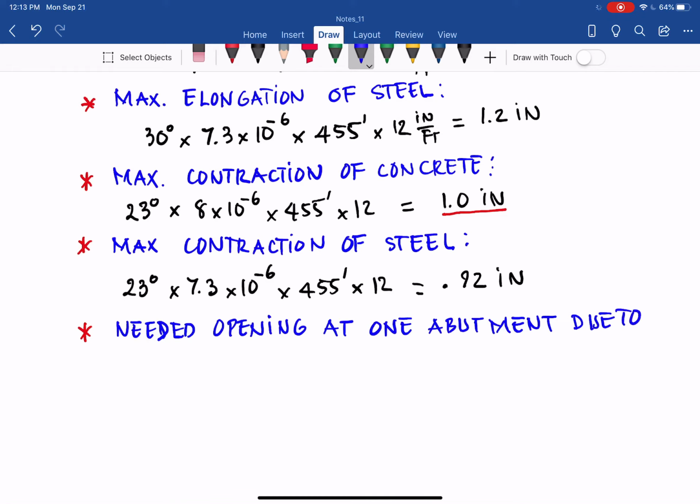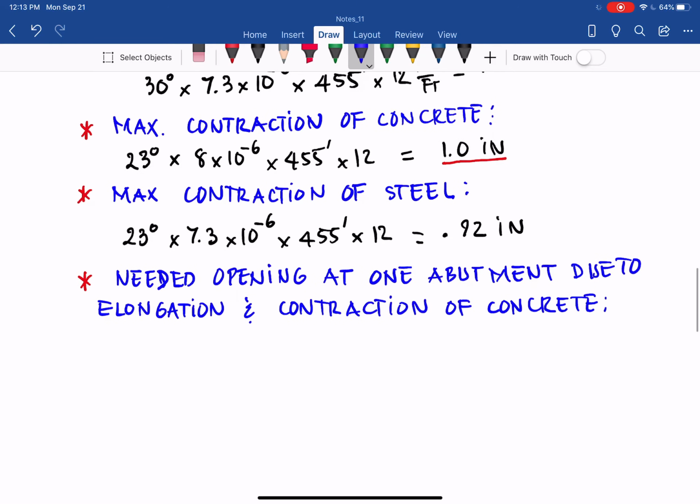That's what we should consider: elongation and contraction of concrete.